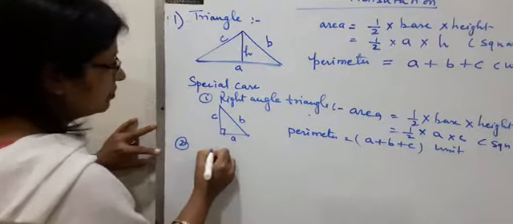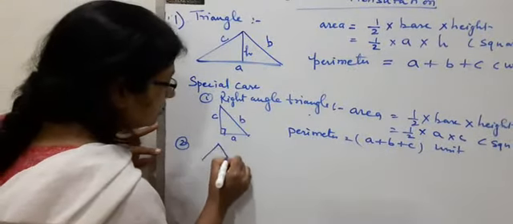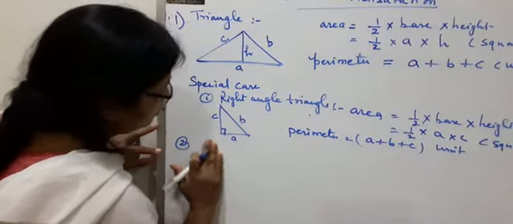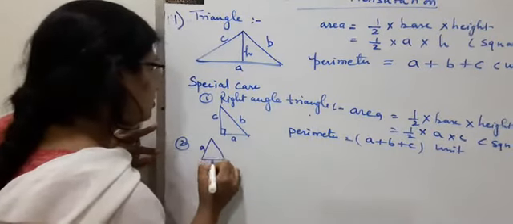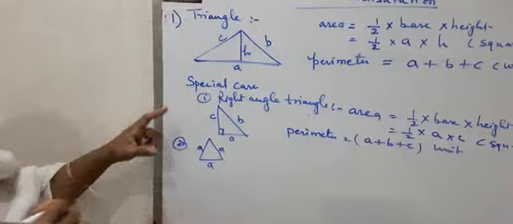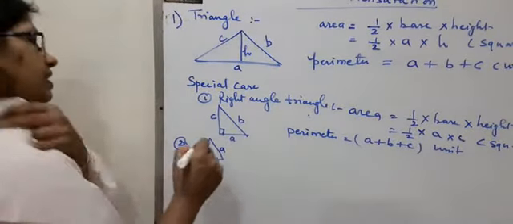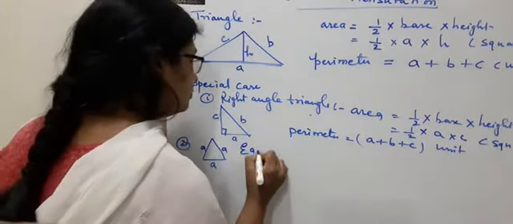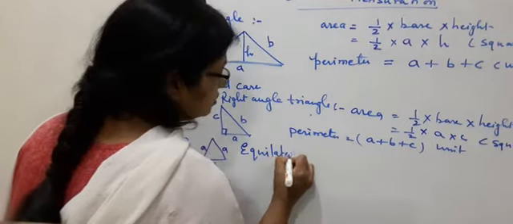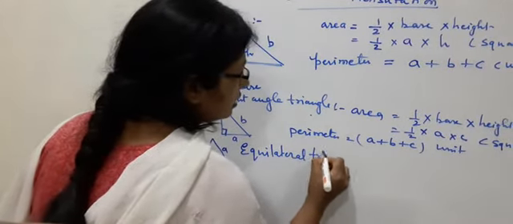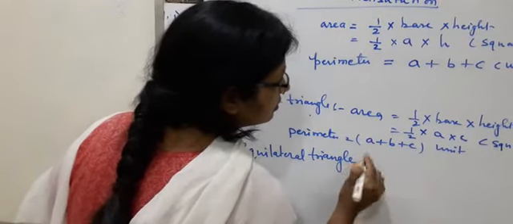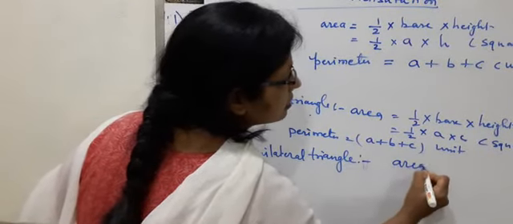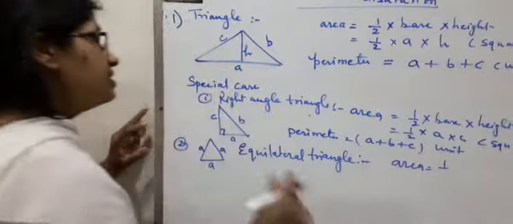Second is the equilateral triangle. In an equilateral triangle, all sides are equal in length, that is A. Area is half base into height.